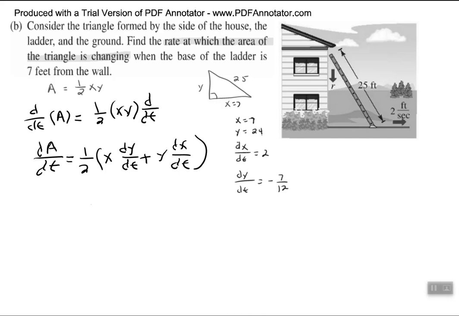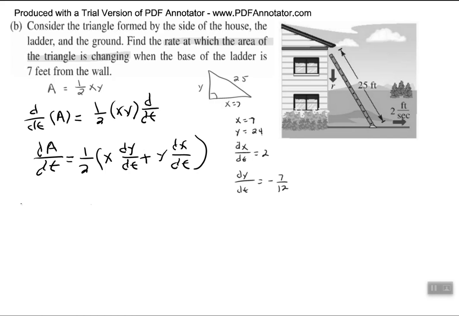So the rate of change for the area with respect to time is 1/2 times x times dy dt plus y dx dt. So now all we need to do is substitute and simplify.